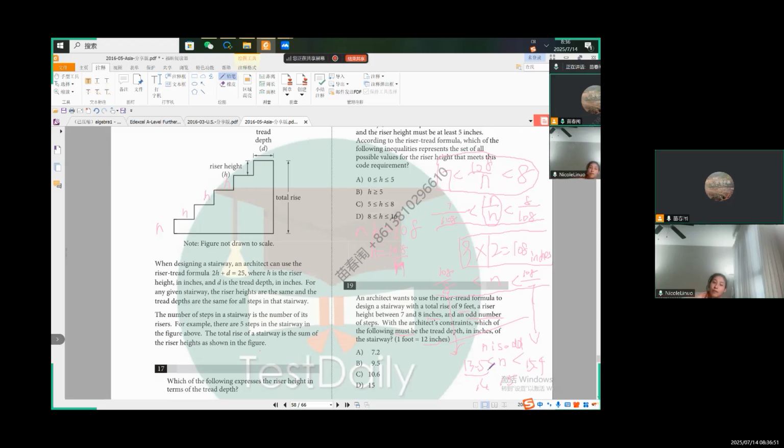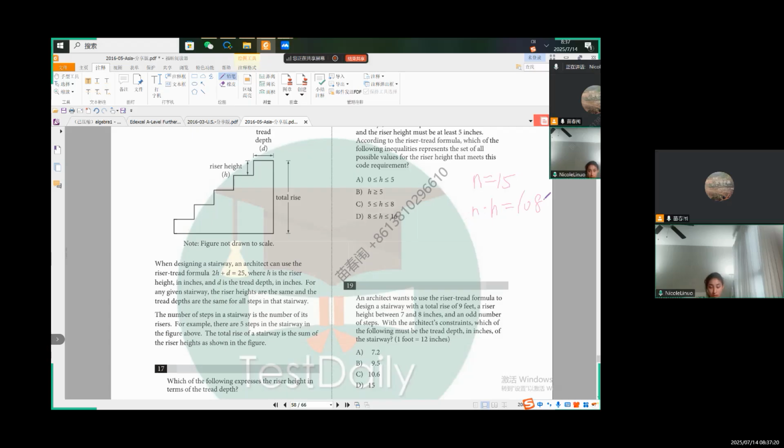With this kind of odd number question, you just always try them out, right? You list all the possible ones and check. Say, is 13 between that? No, right? 14 is between that, but it's not odd. So 15 is the only one that we can get, right? So now n is 15, right? Yes. And also we know n times height is 108, right?